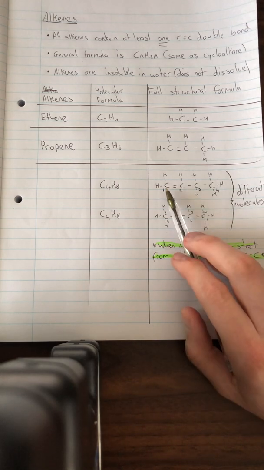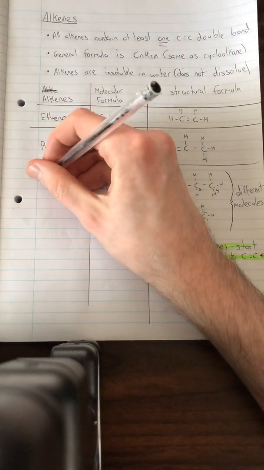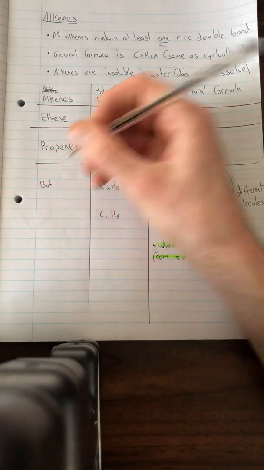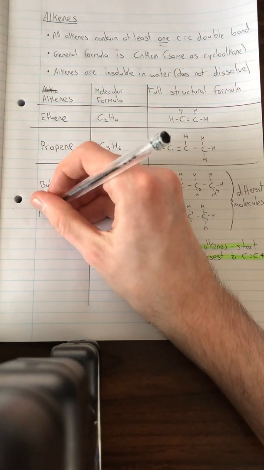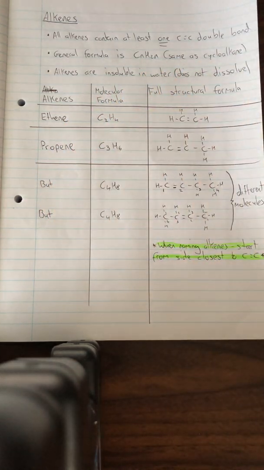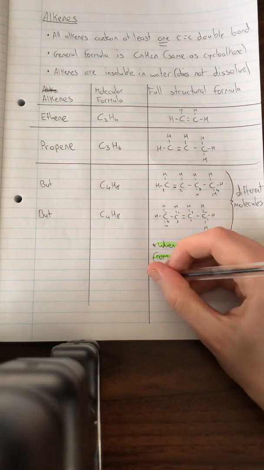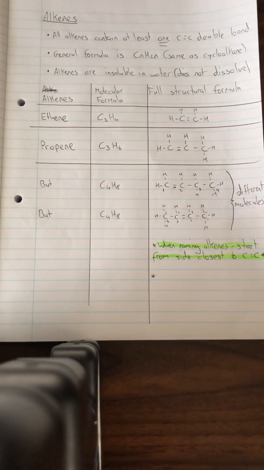Now, they've got 4 carbons, so they both start with bute. Now, this is where it gets a wee bit trickier. We're going to make another note.